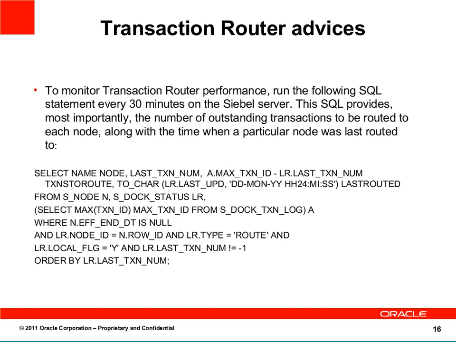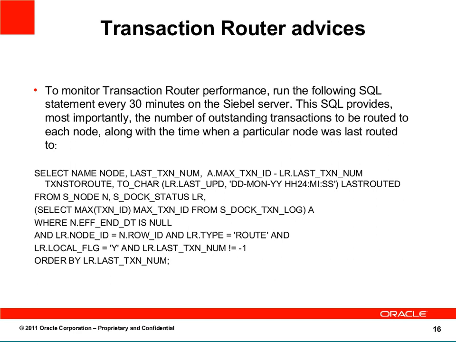This SQL provides, most importantly, the number of outstanding transactions to be routed to each node, along with the time when a particular node was last routed to. This SQL is very important because we can check how many transactions we have to route. And by running this SQL every 30 minutes, we can see the progress.